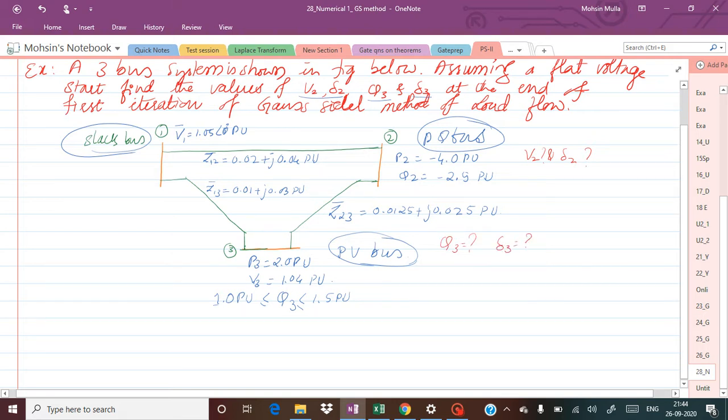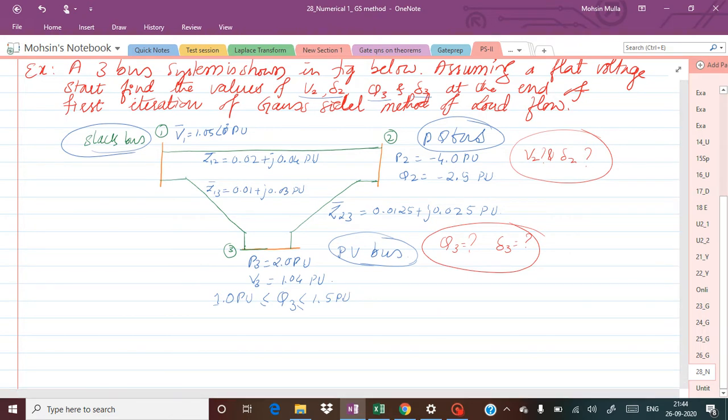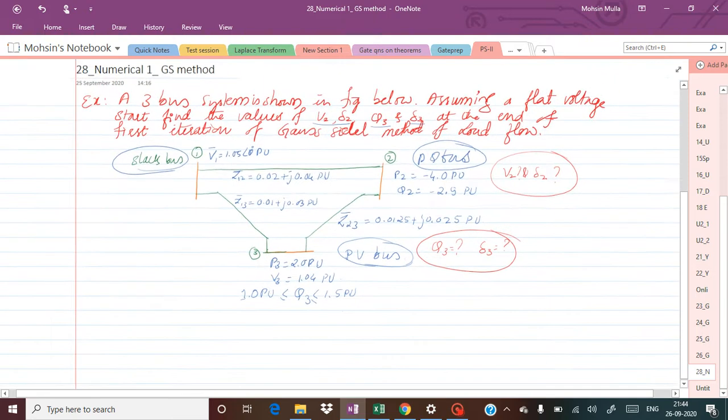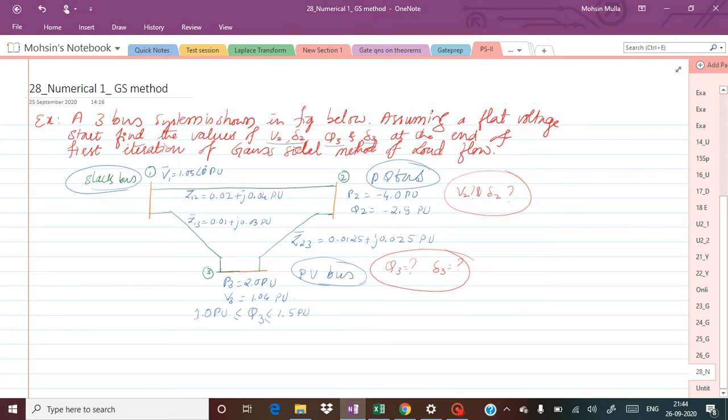So we need to determine the values of Q3 and del 3 for bus 3, and V2 and del 2 for bus 2. Here we have to apply the Gauss-Seidel method, and limit our analysis to just one iteration. So this is the given information or problem statement.